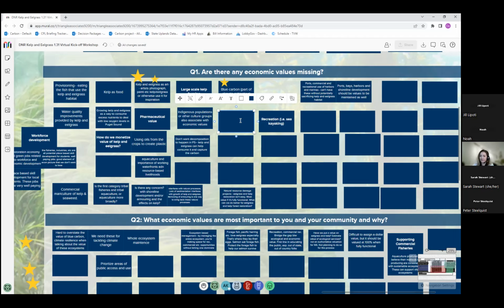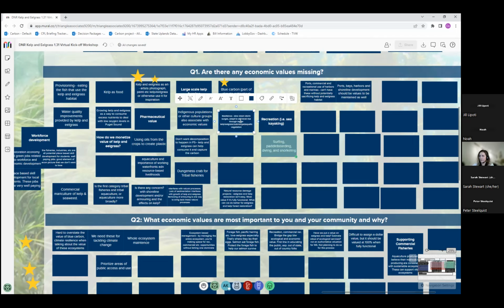Hi, I just jumped over to another group and then I had another thought back here on economic values, the ones that are missing. So what about resilience? The whole idea that we can slow down storm surges and adapt to sea level rise through better kelp and eelgrass, submerged aquatic vegetation in general, slowing down wave action so that you don't have as much damage when there is a storm surge.